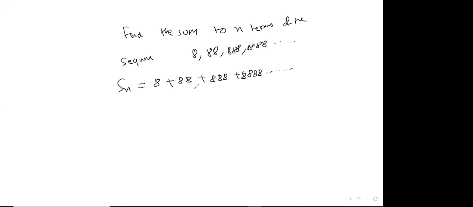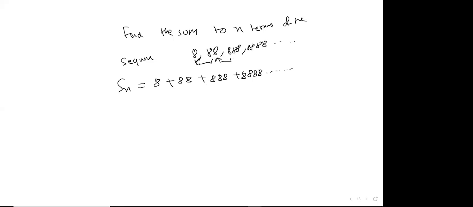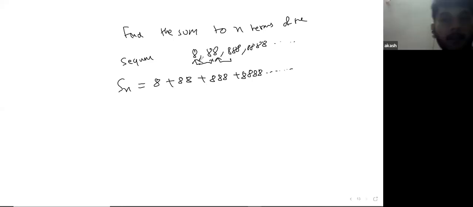No, this is not an AP, because if you do this minus this and this minus this, the differences are not equal. So is this a GP? No, right, Khalil, absolutely right. So this is neither GP nor AP.